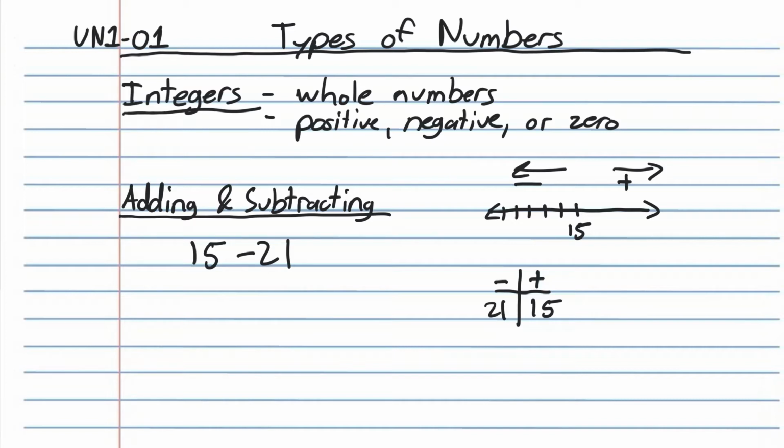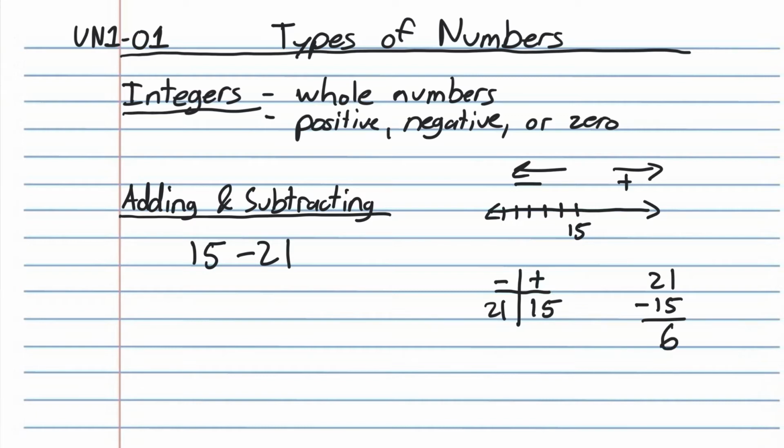Subtraction and negative are the same thing. Okay? So whenever you have opposites like this, you have to subtract them. You have to take one away from the other. So off to the side, you could do 21 minus 15. I want to know how far apart they are. So 21 minus 15, you can do some old school subtraction, you get 6.